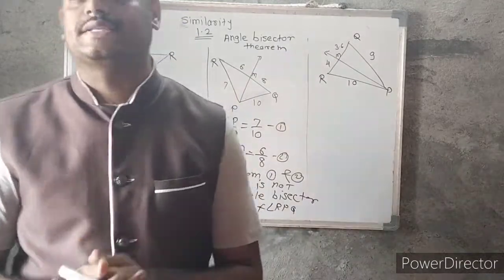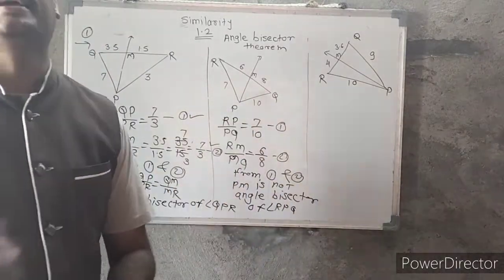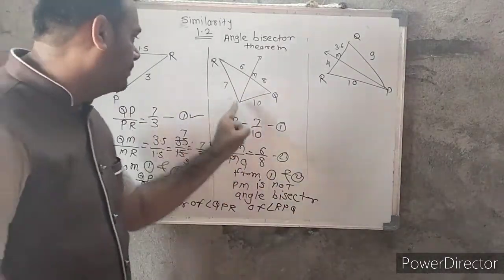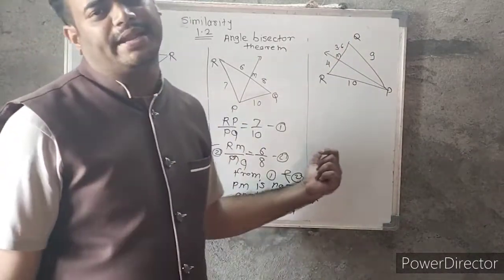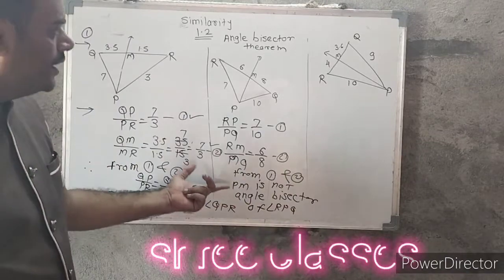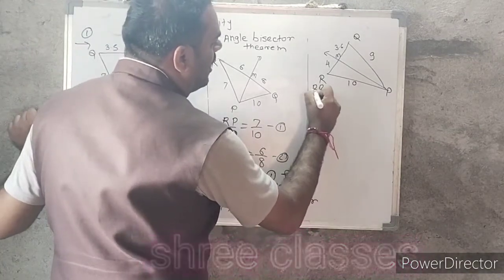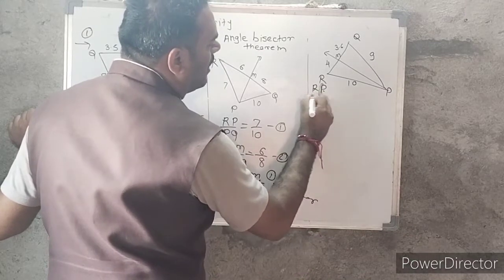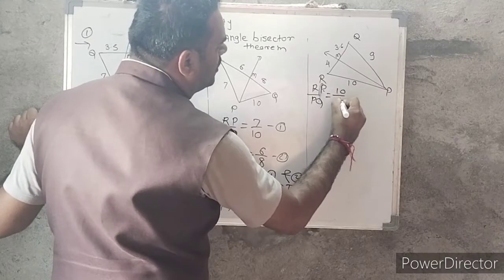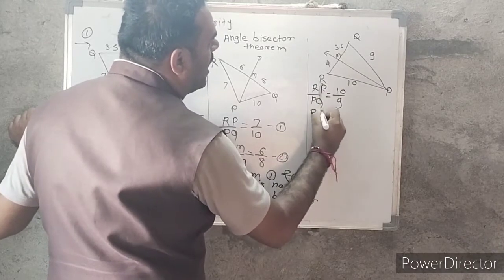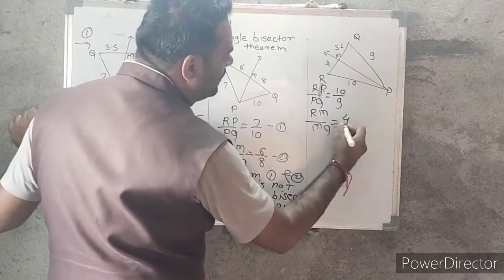Okay, what did we discuss? In these two examples, we discussed whether the given ray, that means PM, is a bisector of that angle or not. How to decide? By simply taking the ratios. In the third one also we will discuss. Here take RP upon PQ, which is 10 upon 9. Here take RM upon MQ, that is 4 upon 3.6.